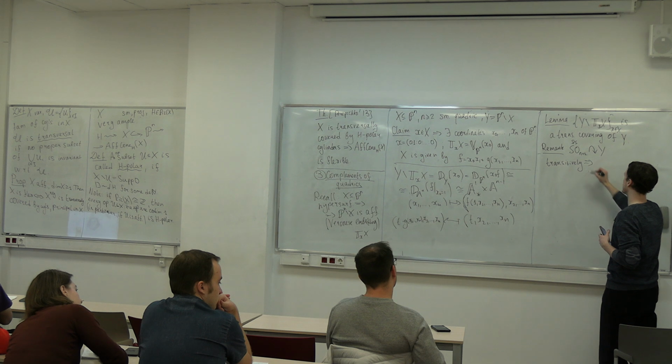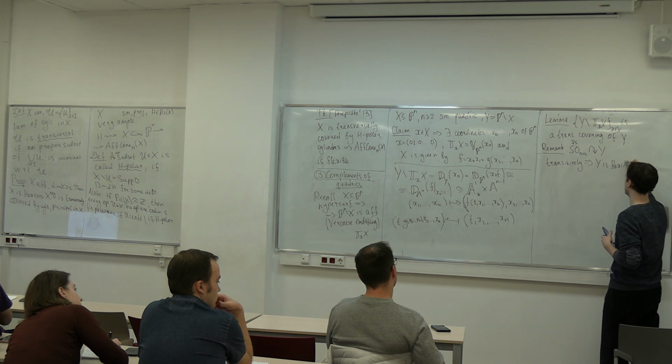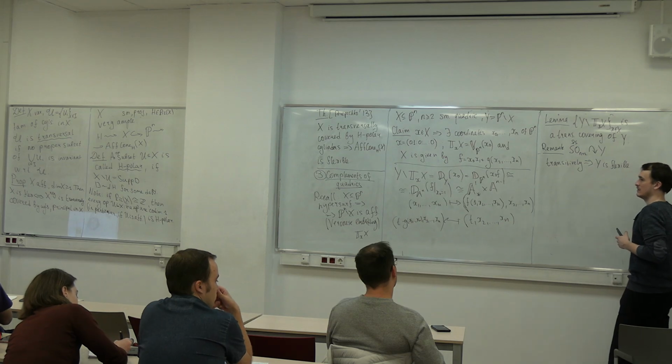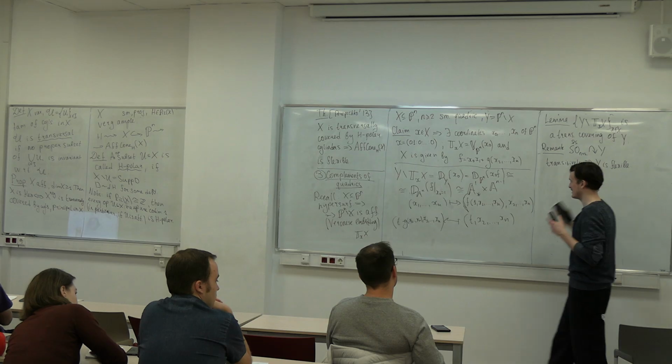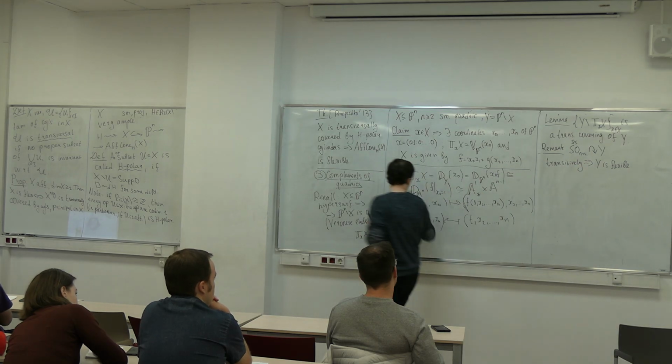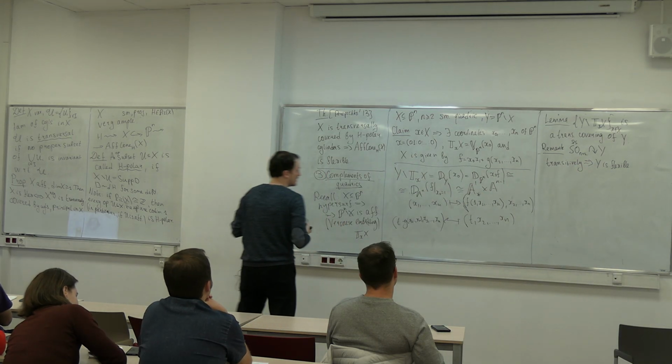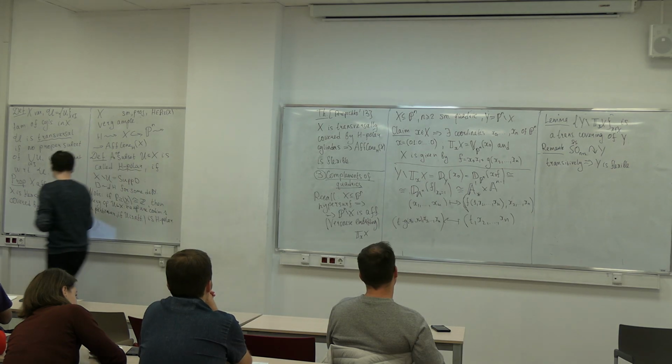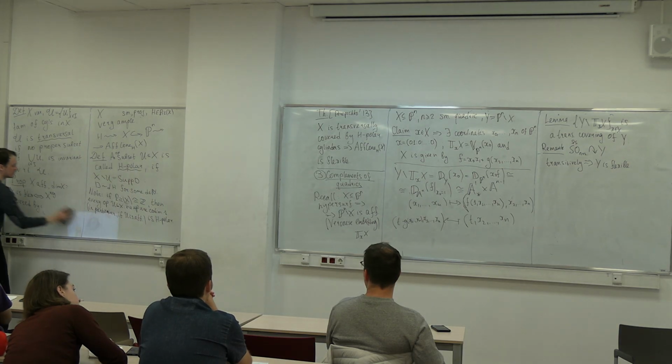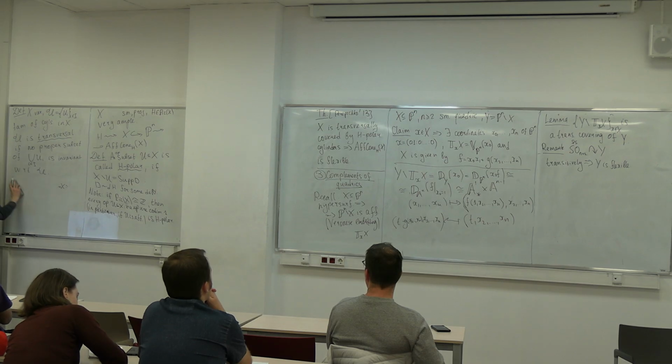Then automatically it follows that y is flexible. But then you may ask, why in the world do we need all this stuff? Well, we need this stuff to prove flexibility of complements of arbitrary quadrics, not just smooth quadrics.